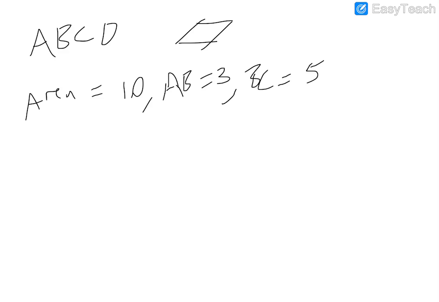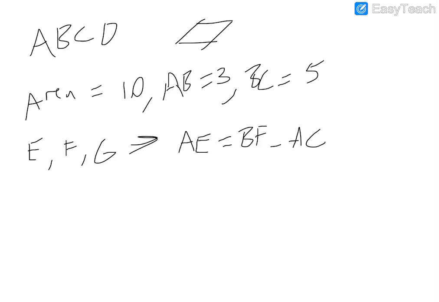And let's say there are also points E, F, and G, so that AE equals BF equals AG equals 2.